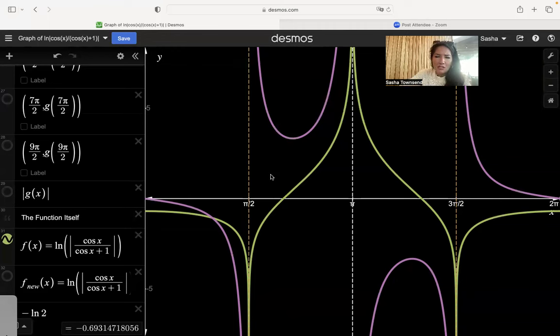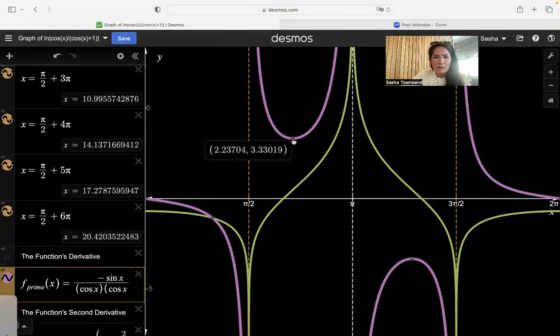Now, the slope of this green function, the function we're interested in, seems to be positive as we go from pi over 2 to pi. The function's increasing as we go from left to right. And if we look at the derivative graph, all those slopes are positive, right? It shows us here that they're very, very steep and positive near pi over 2. But then the slopes get less and less steep until they approach this minimum.